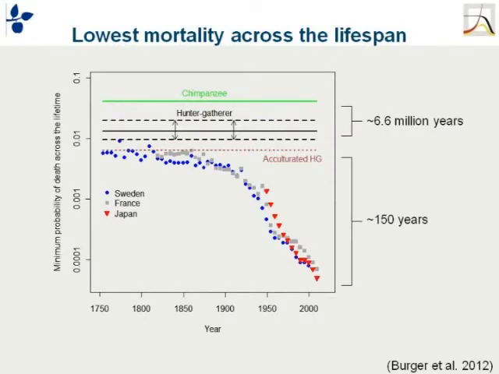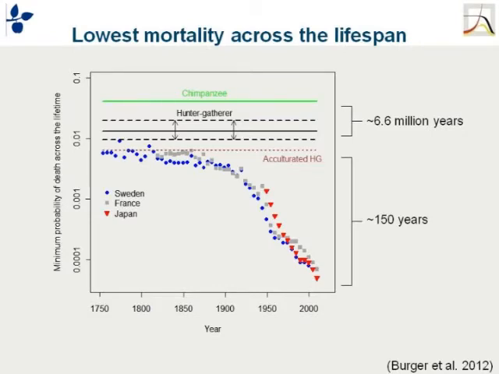And another way to see this is that we have time on the x-axis, on the horizontal axis, from 1750 to the present, and then the mortality improvement as measured by minimum mortality over the course of the lifetime.